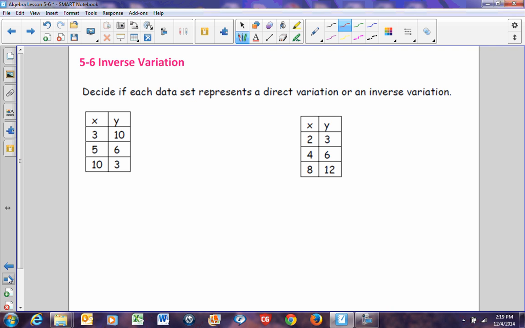Now, we can decide if data in a table represents direct variation or inverse variation. Remember, if it's direct variation, you will have y over x equal to a constant. And in inverse variation, you will know that xy equals k.